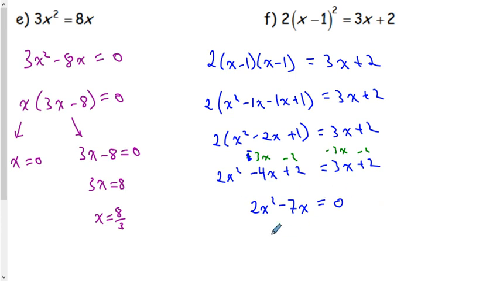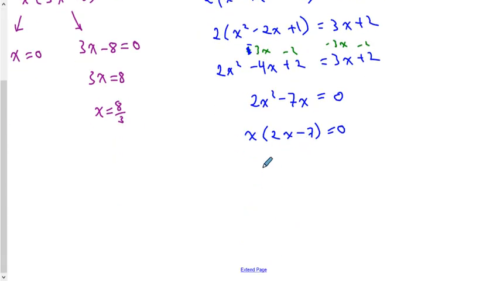What can we do from here? Let's common factor out an x. So I common factored an x out of both terms. So, can I figure out what my solutions are? Yeah, how do I get a 0 on the right-hand side? Well, this one could be 0, or this one could be 0.